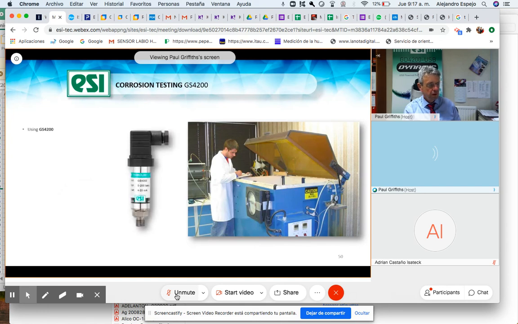This is an interesting application where a customer in the UK does lots of testing for the oil and gas, medical, any industry really, that come into contact with aggressive liquids. And they have the capability of making tests in various types of aggressive liquids or at different temperatures and under pressure.